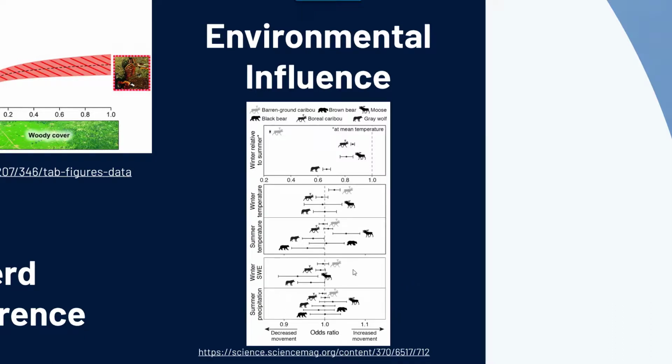So there's decreased movement when there are lower temperatures within the winter as opposed to summer, and there are a few other things we could probably work out from this.